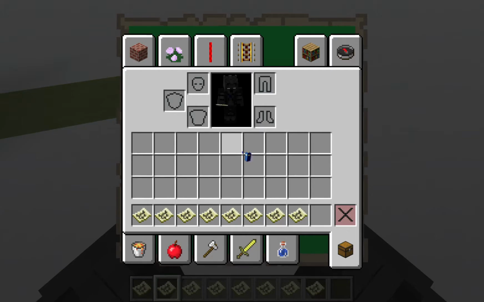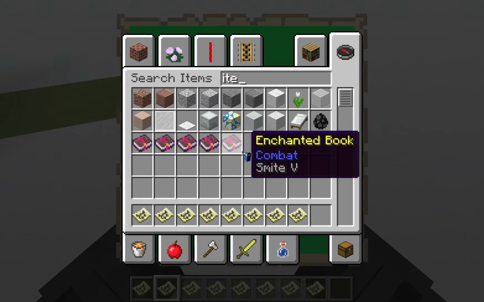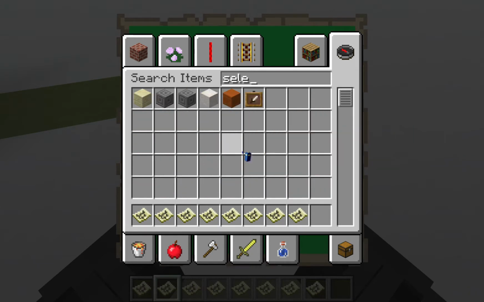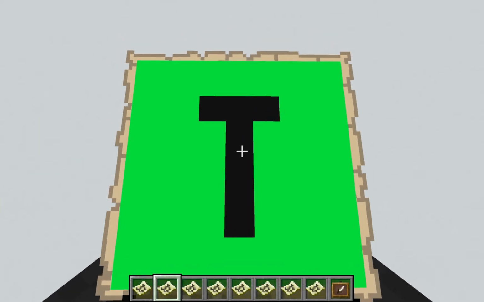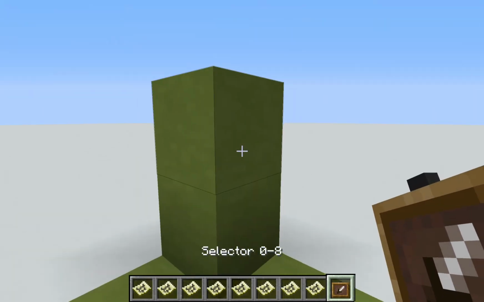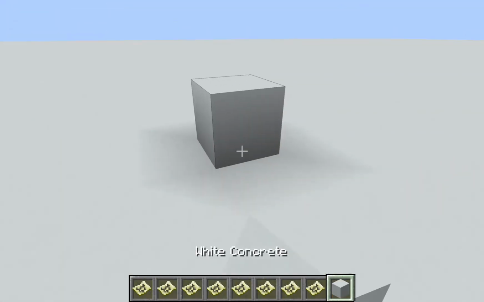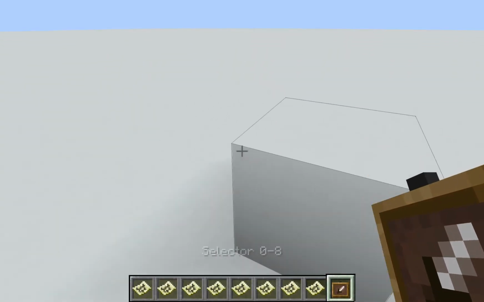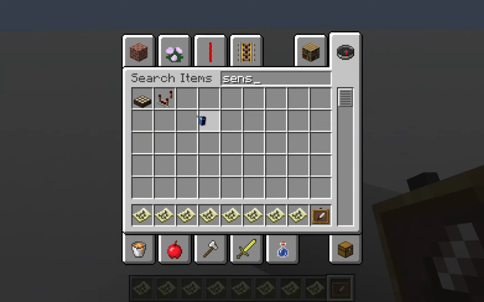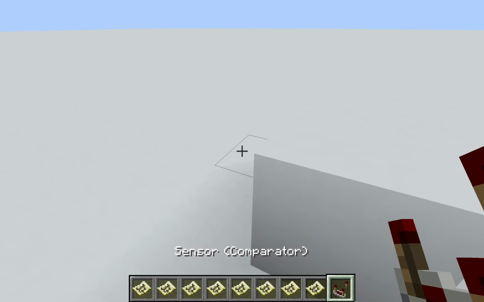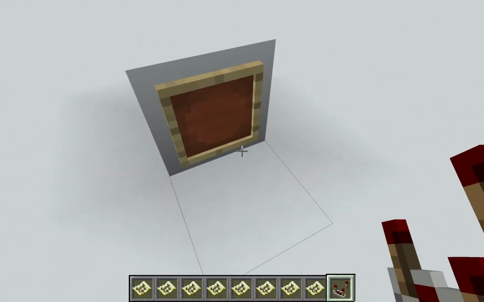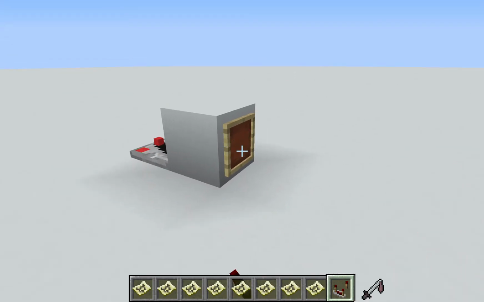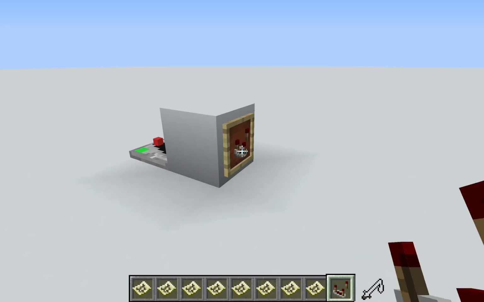So, I need an item frame. Oh yeah, that's right, I named it selector. The reason why I call it selector is because if you don't know, you can actually do this. Pretty cool, though.